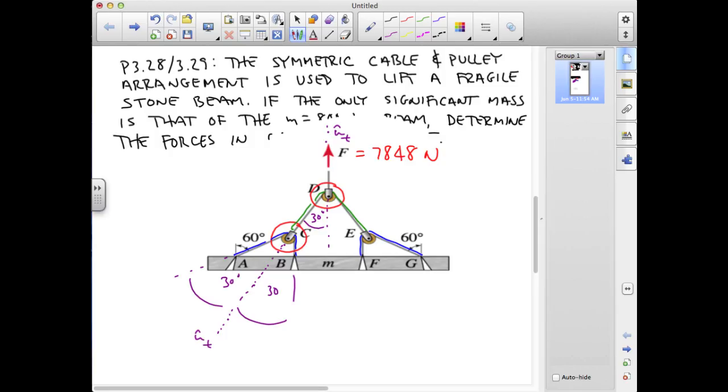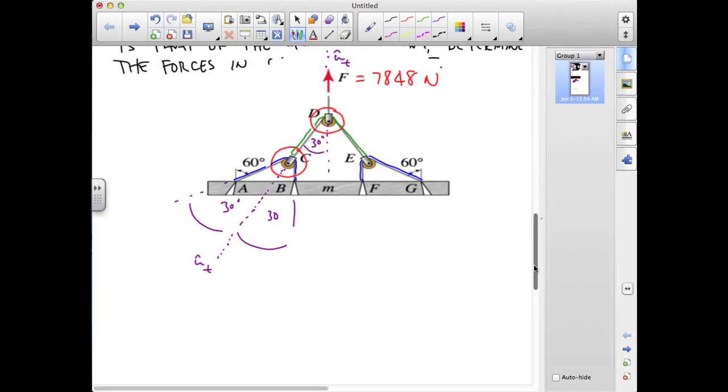So now let's take a look very quickly at what we would get for our equilibrium equations in the tangent direction. So for pulley D, remember our free body diagram now is going to look like this.